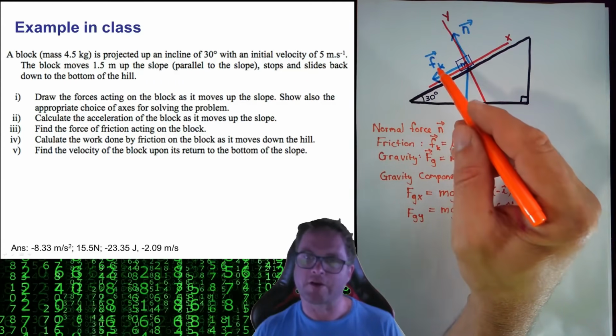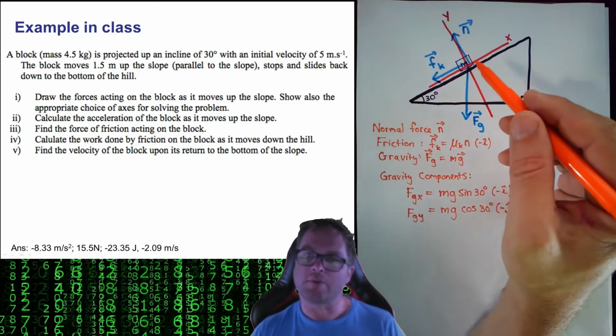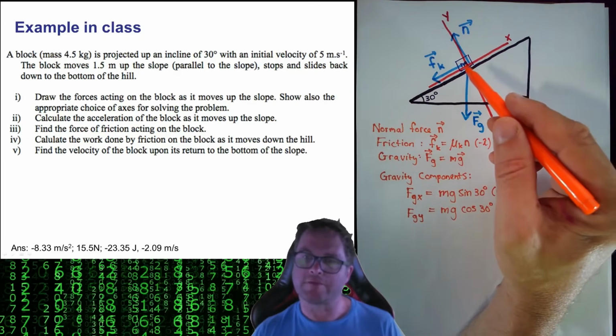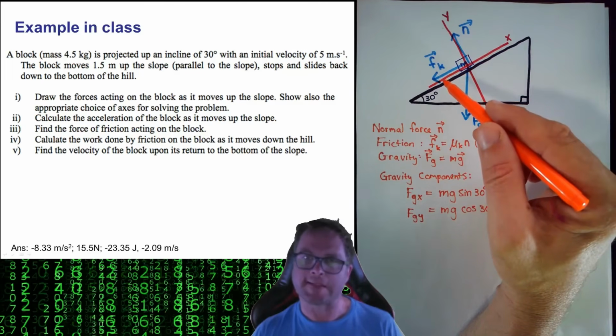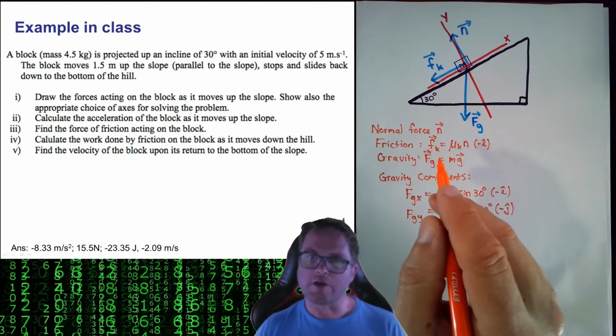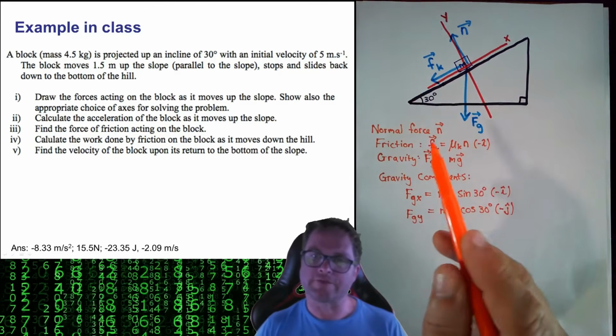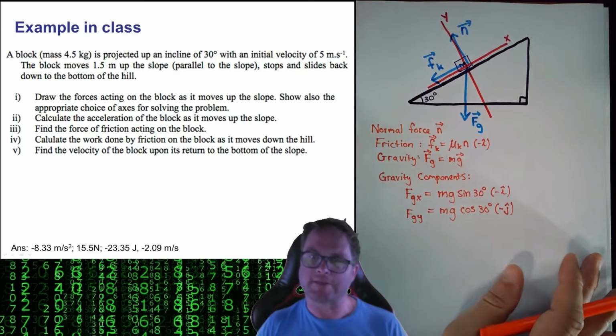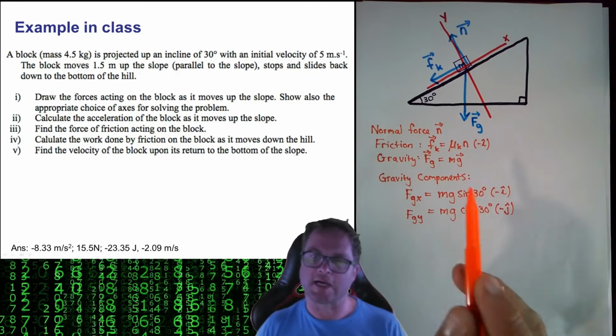This is in fact going to be kinetic friction. The block is going to be moving up the slope, and for that reason the friction is going to be operating in the opposite direction. It's not asked for in the question, but I've taken the liberty of defining each of the forces as well as writing some of the equations out.